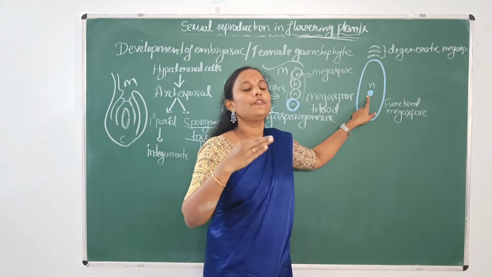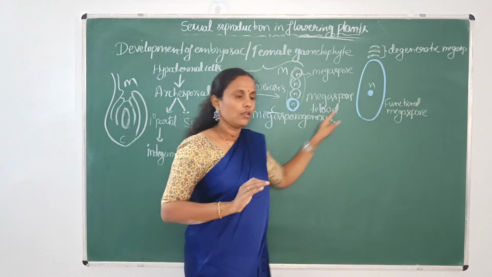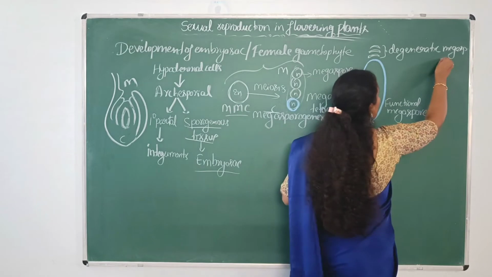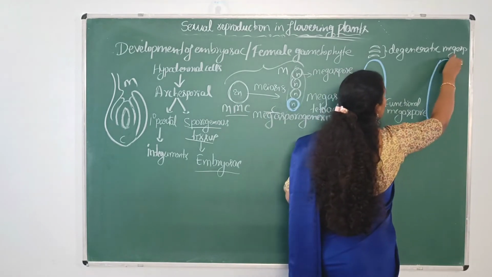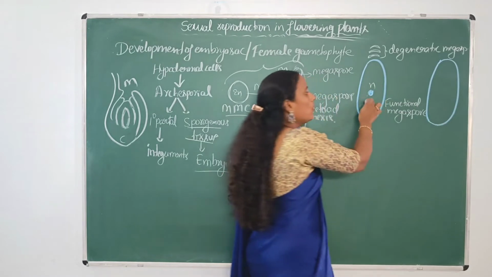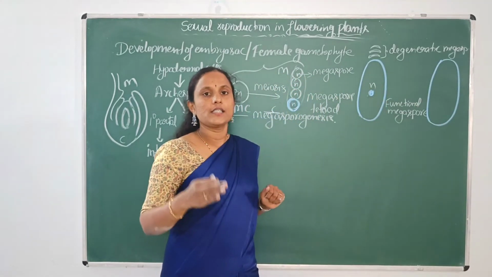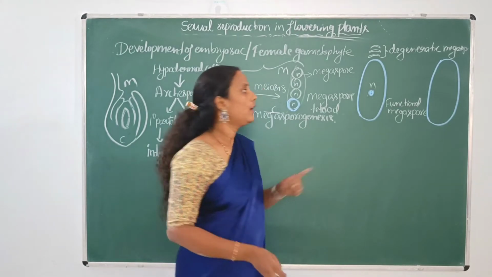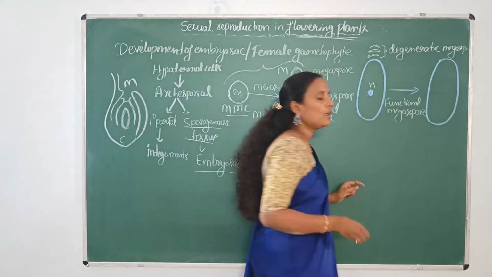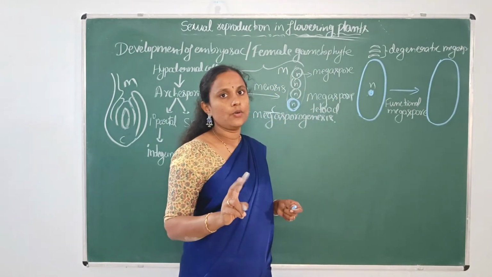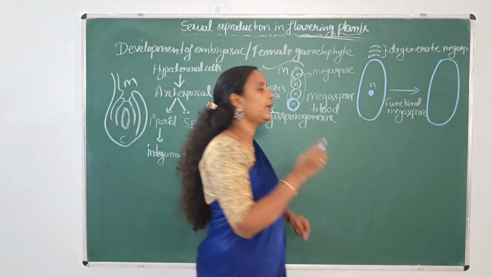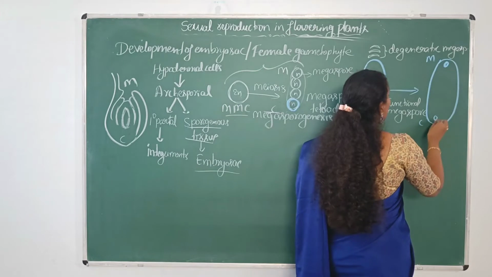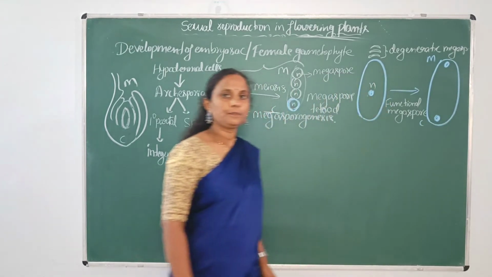That is the meaning of free-nuclear division. When it undergoes the first nuclear division, it forms 2 haploid nuclei, and they move to opposite poles. One moves towards the micropyle and one towards the chalaza.